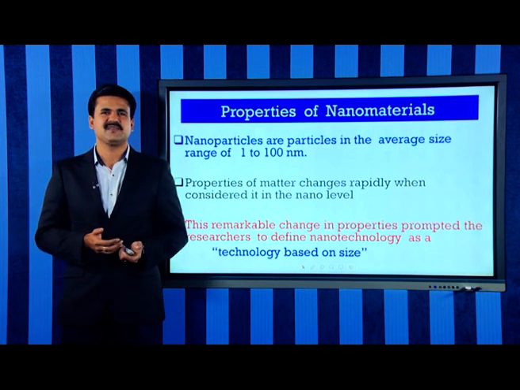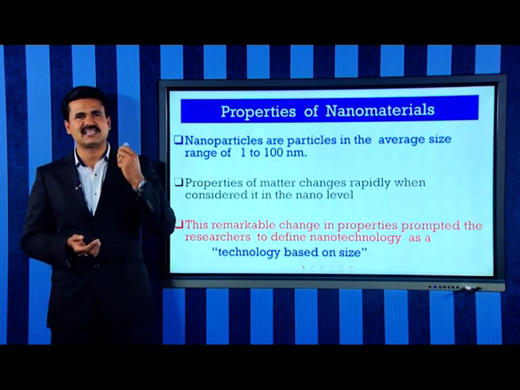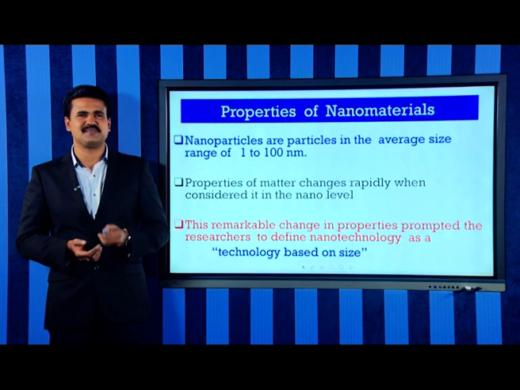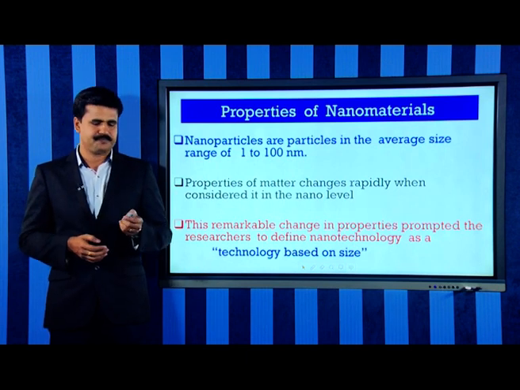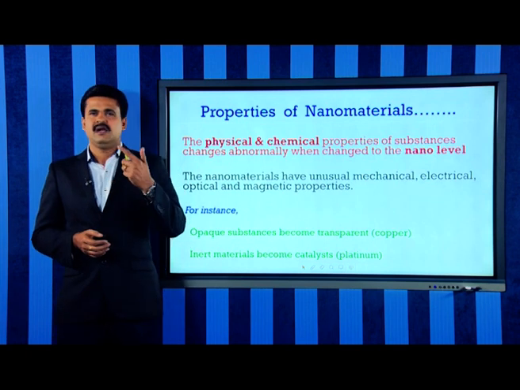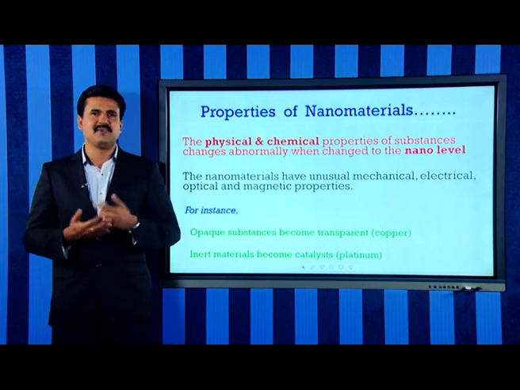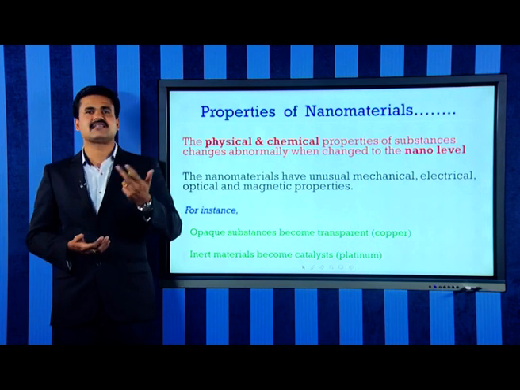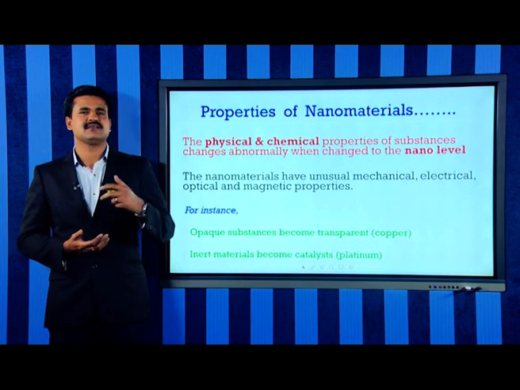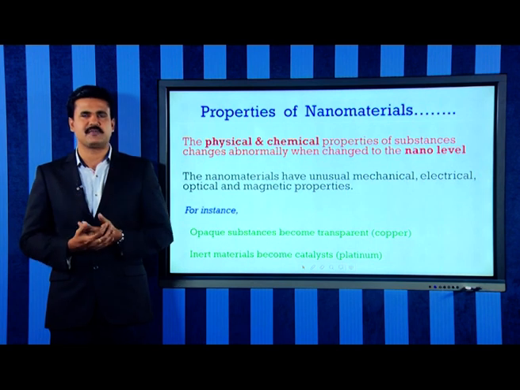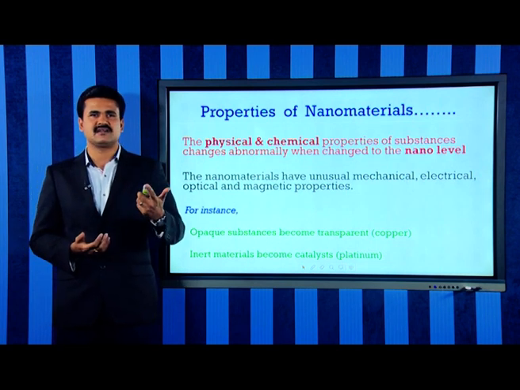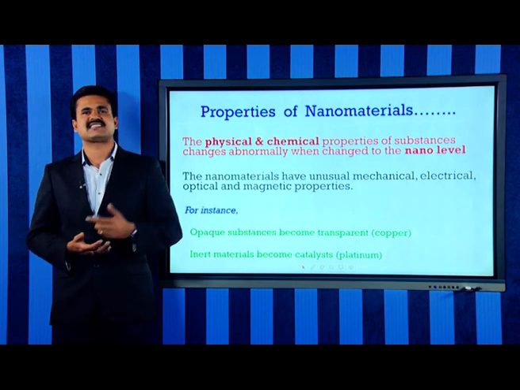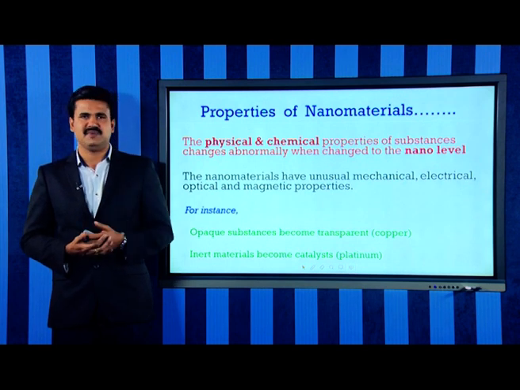That is why nanotechnology is simply referred to as a technology based on size. Regarding some examples, as I already mentioned, the physical and chemical properties, or simply the physico-chemical properties of nanomaterials are different. Let us have some examples.